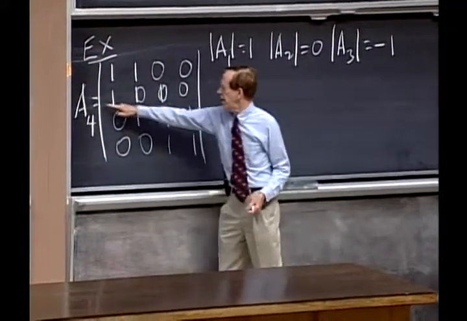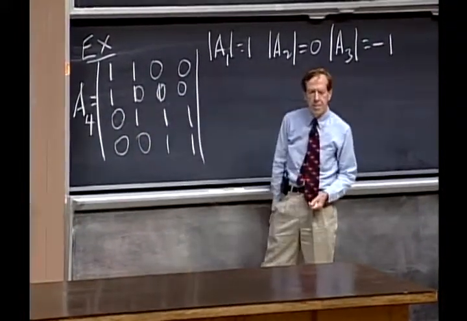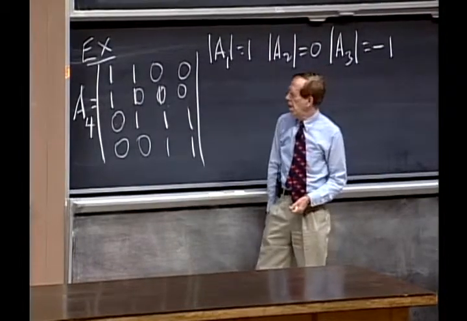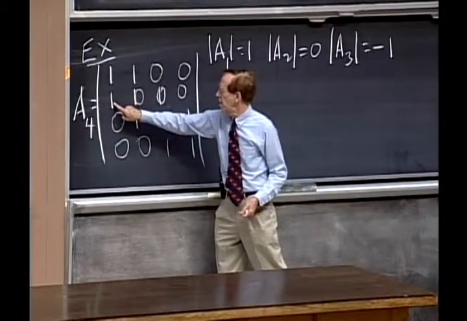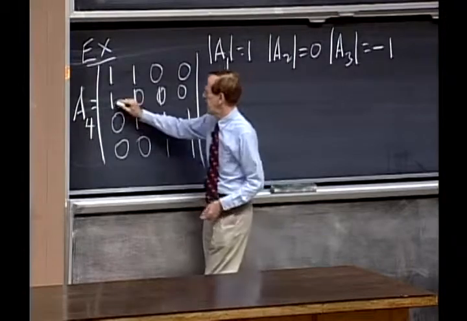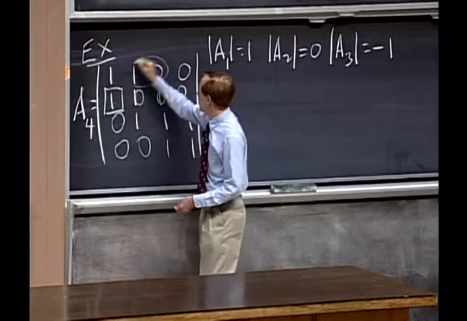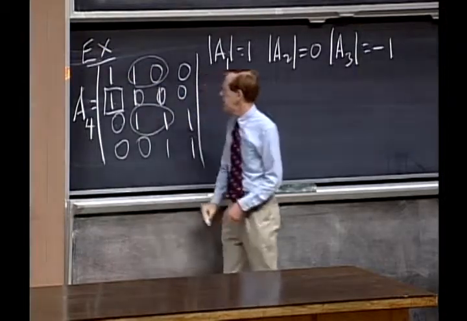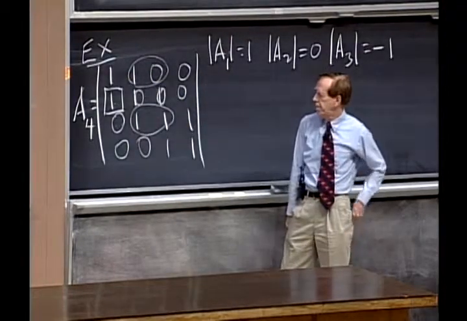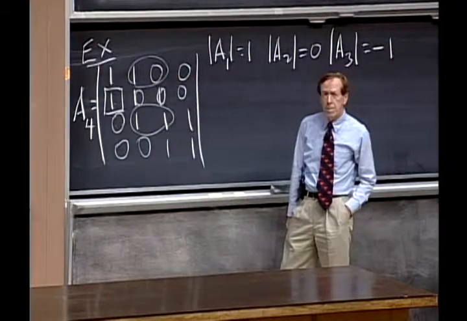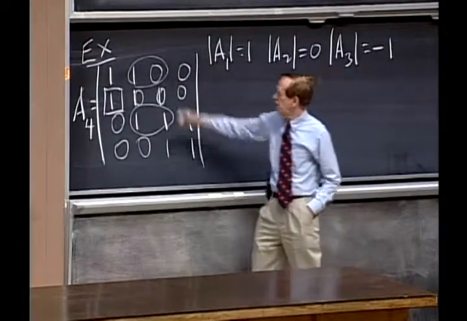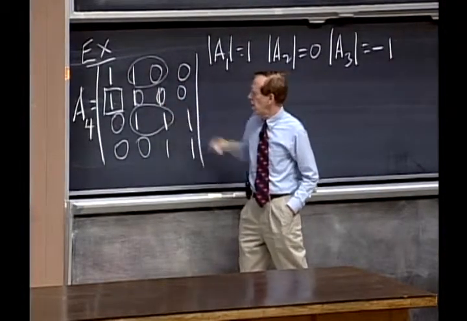Why not use the cofactor formula along that row? Because then I take that number times its cofactor. So I take this number, let me put a box around it, times its cofactor, which is the determinant of that and that. That 2 by 2 matrix has determinant 1.